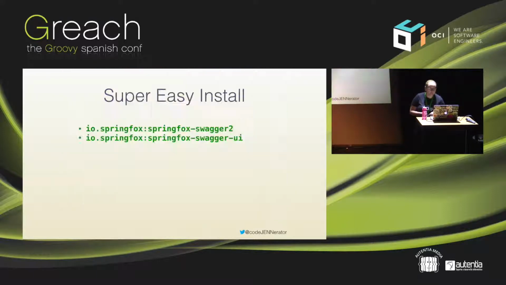The key difference being, this is the library for generating the spec, and then the second one is for generating the UI. You don't necessarily have to use them together either. You can use something different for the UI if you want.